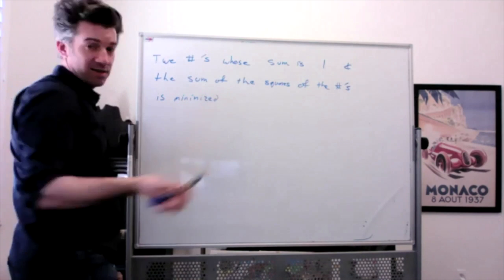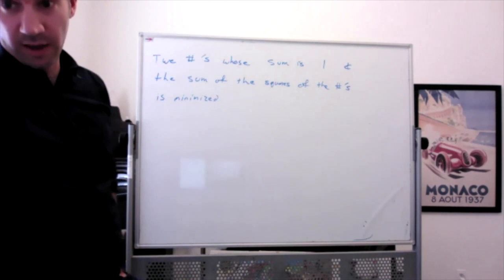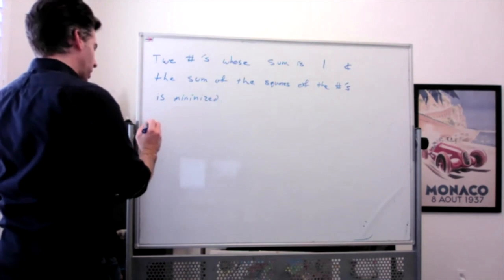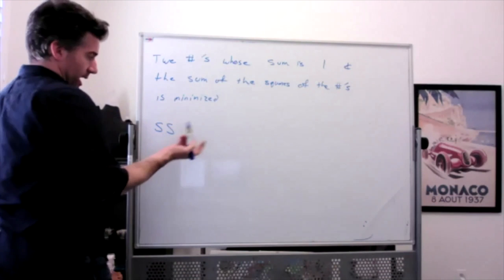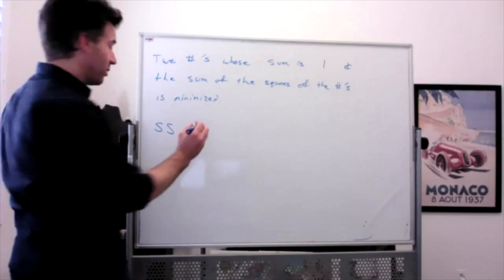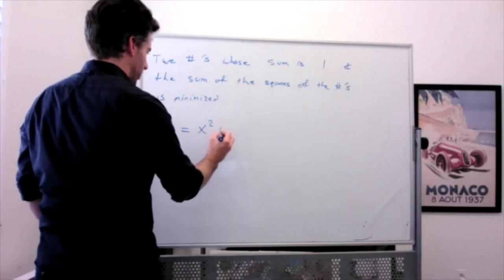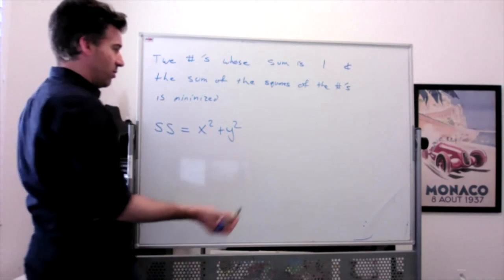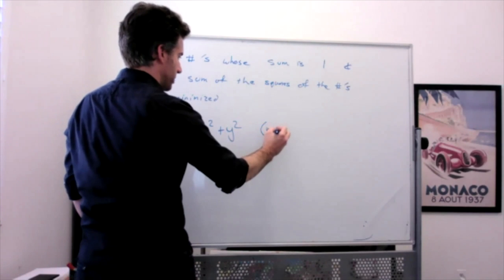They even tell us the thing we're trying to maximize, or sorry, minimize here. They say that the sum of the squares is given by SS for sum of squares equal to x squared plus y squared. And again, we want to minimize this.